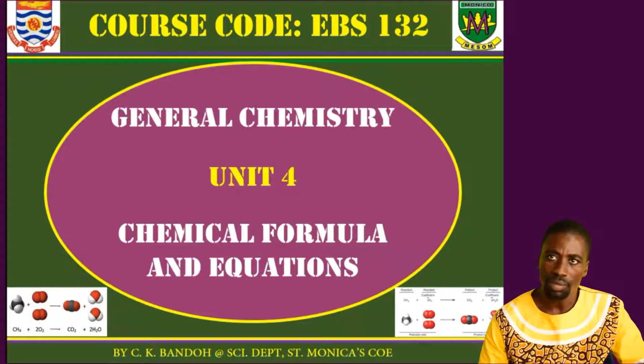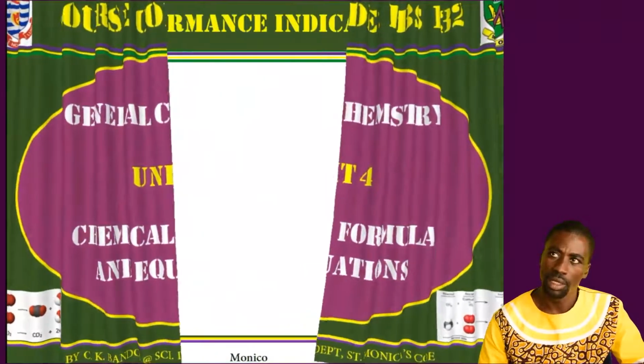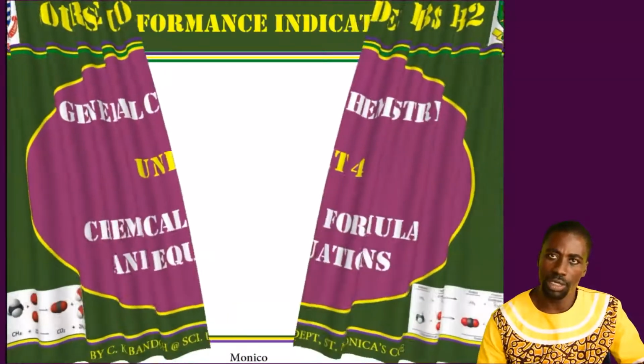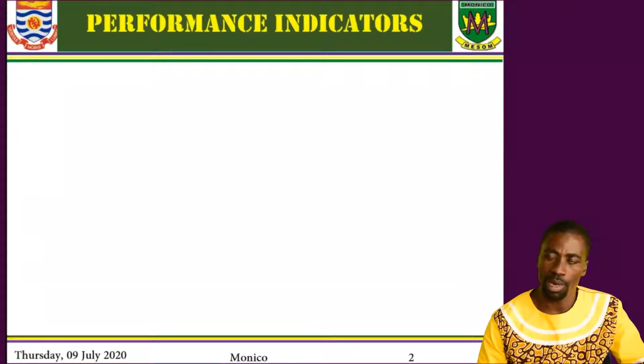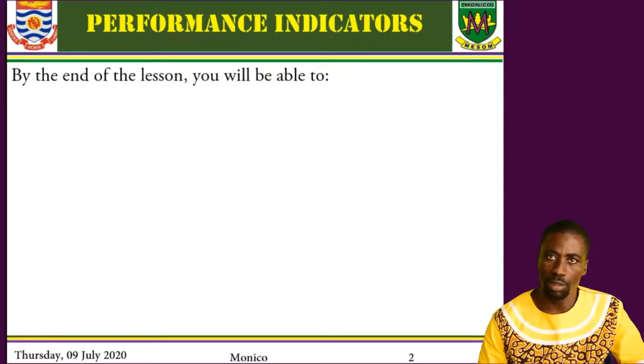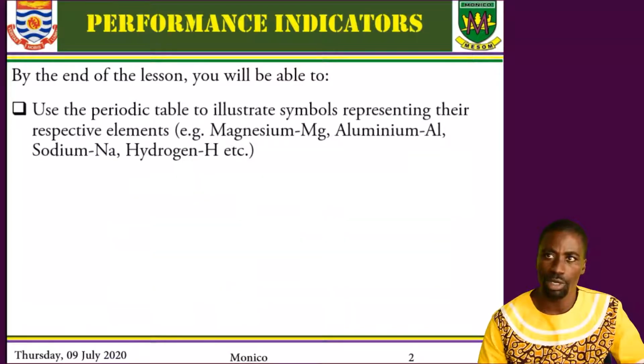Alright, so let's look at what we have for the day. Before we continue, we want to look at our performance indicators. In those days we called them specific objectives, but now we only call them performance indicators. By the end of this lesson, you, the learner, should be able to use the periodic table to illustrate symbols representing their respective elements.